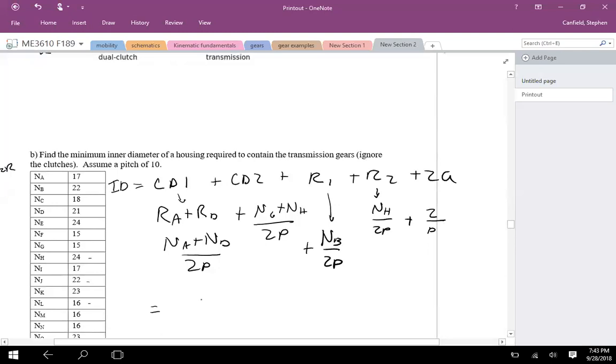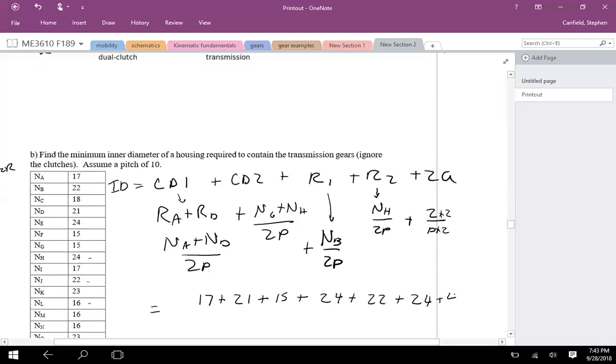So let's write it this way. NA, so I get 17, plus ND is 21, plus NG is 15, plus NH is 24, plus NB is 22, plus NH again, that's 24, plus, I need to write this over 2, so I'm going to put a 2 here.